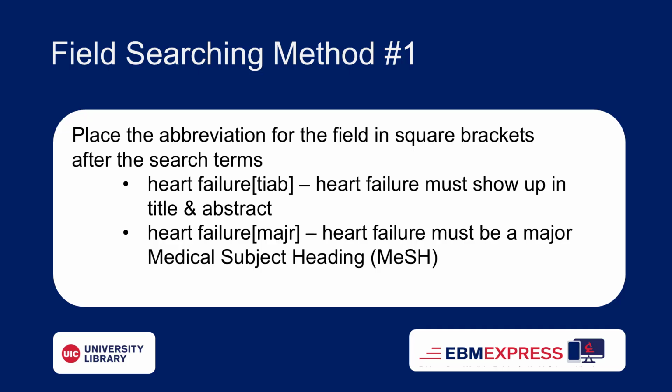For example, adding TIAB in brackets after heart failure ensures that heart failure is found in the title and abstract. Changing the field abbreviation to MAJR means that heart failure must be a major medical subject heading.